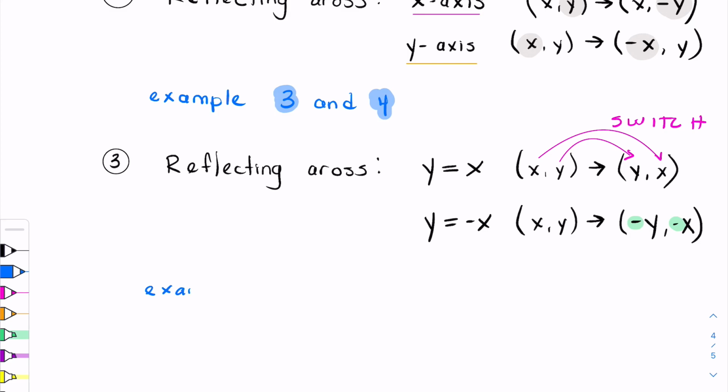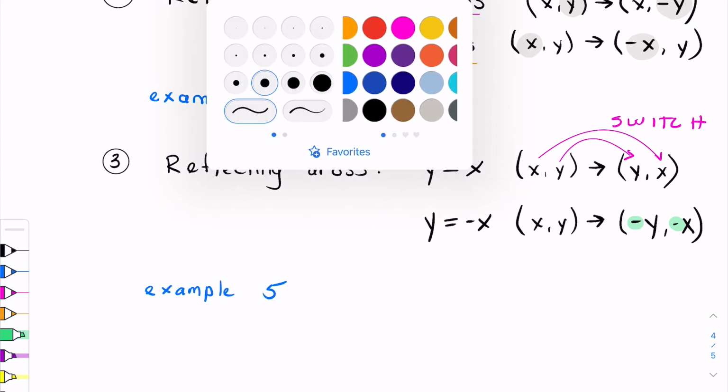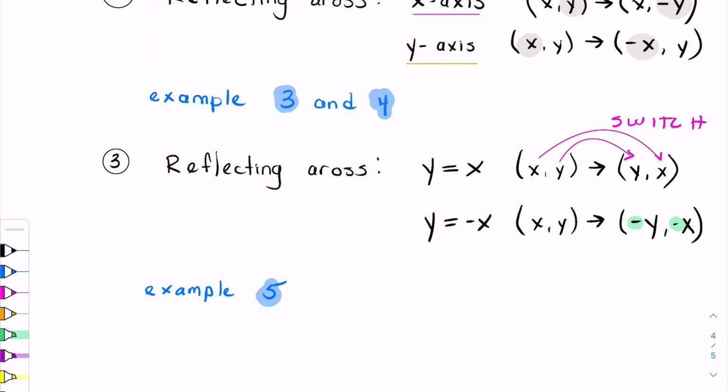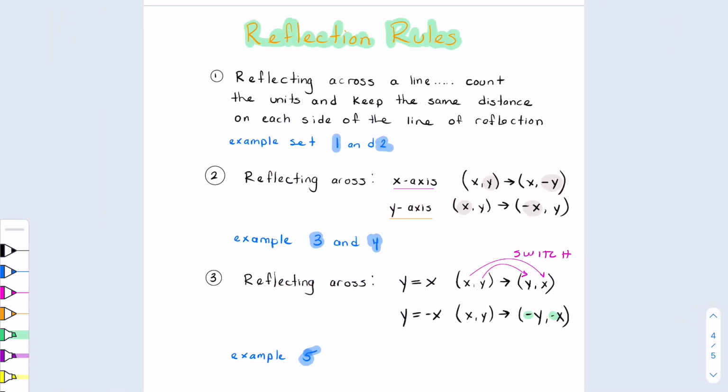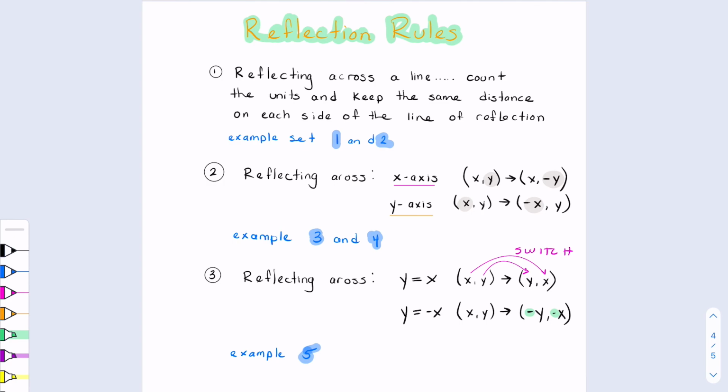And this was example 5. So we went through 3 different types of reflections, and within them we have certain rules. So make sure you keep this in mind. Please let me know if you have any questions, and that is it for the notes for today.